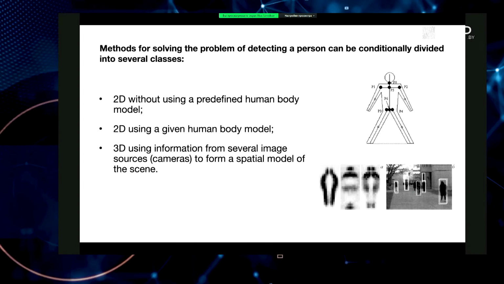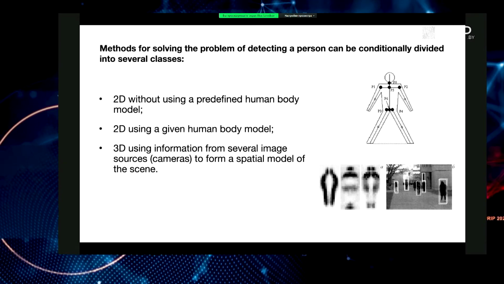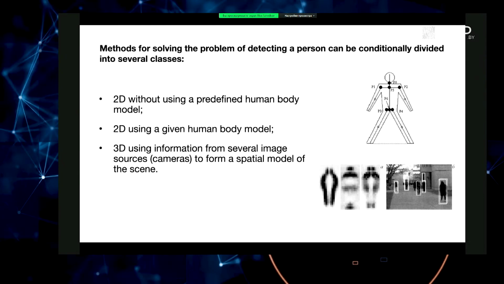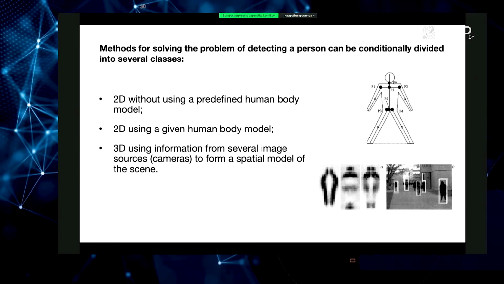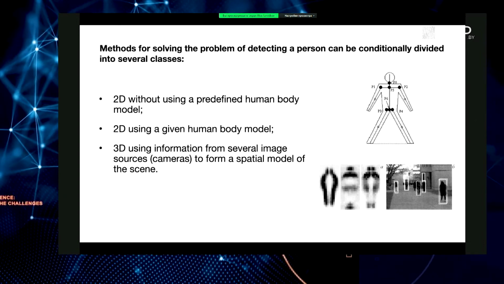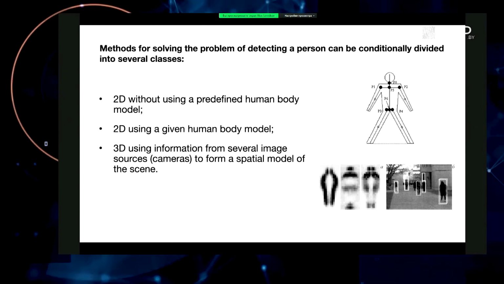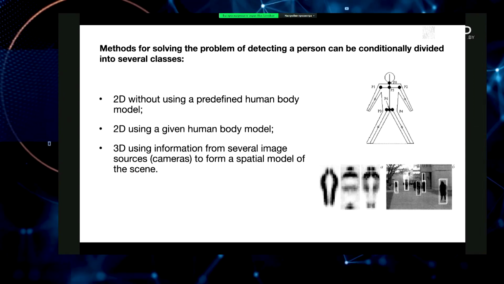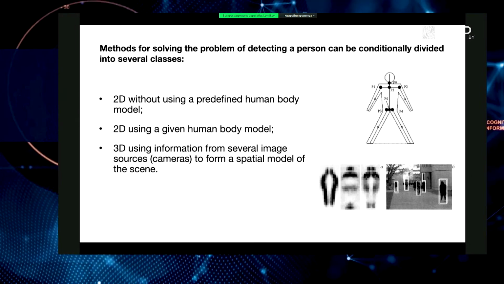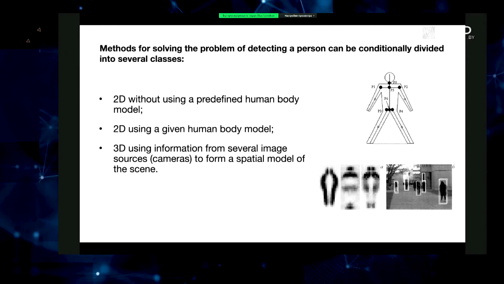The first one is a 2D solution to detect a human's pose using a predefined human model. The second one is the same but without a predefined model. And the third one is the 3D approach that uses several sources, like several cameras, to understand the spatial model of the person.